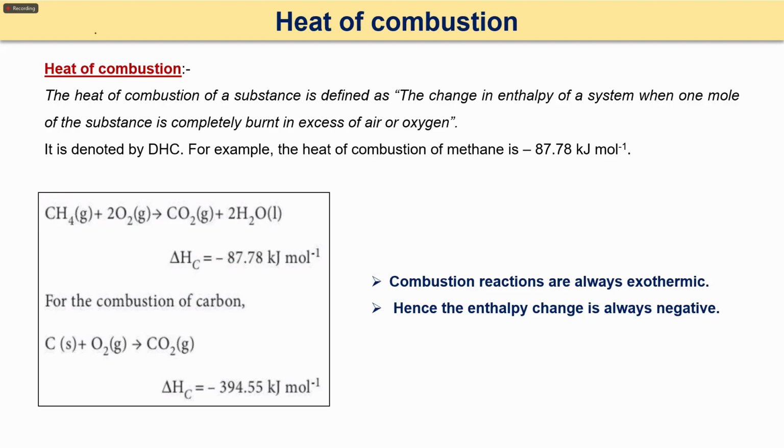So here, what is heat of combustion? Combustion is basically burning. The heat of combustion of a substance is defined as the change in enthalpy of a system when 1 mole of the substance is completely burned in excess air or oxygen.